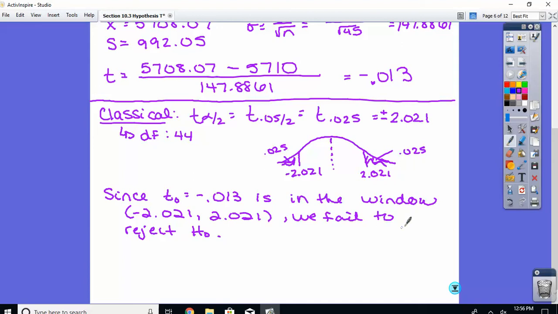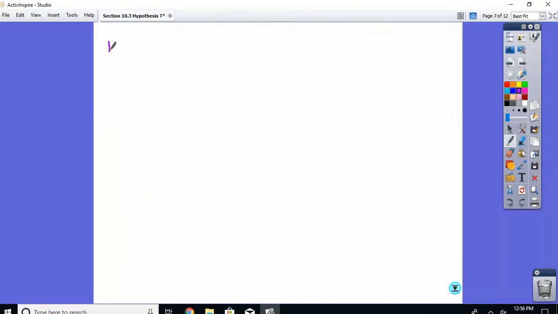Now, let's talk about the P value. The P value says we are going to actually find the probability of this occurring. So we have already found, what did I get my T to be on the last slide? The negative .013, was that it? Okay.